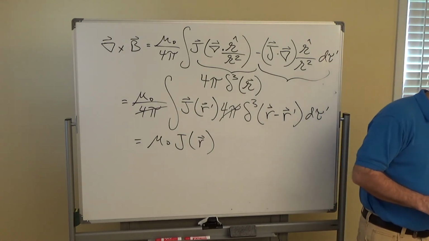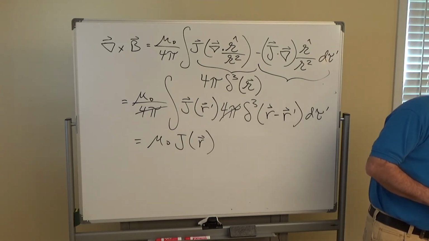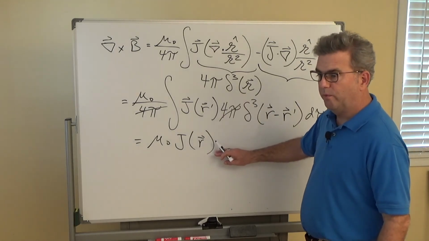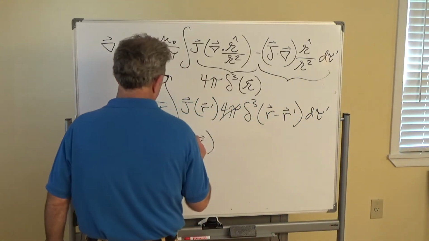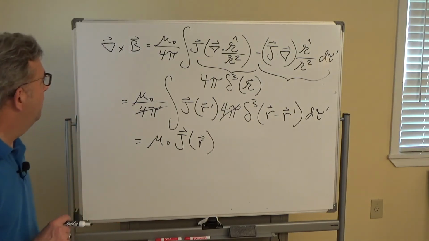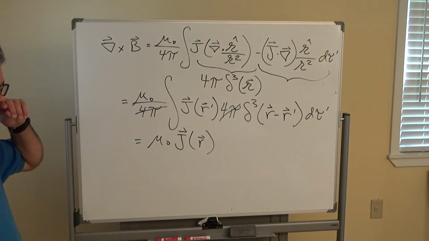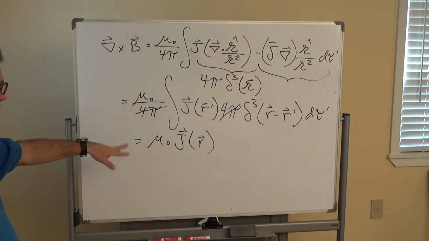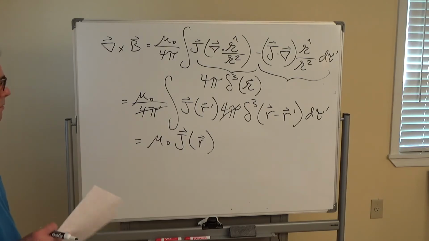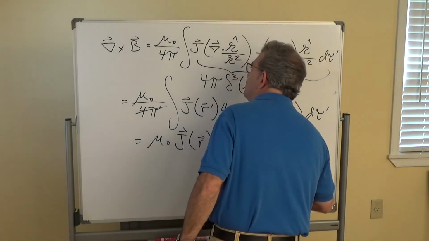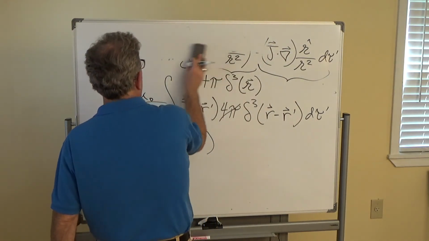Okay? And this is exactly what we had. This should be a vector. This is exactly what we had before. We had mu naught J.